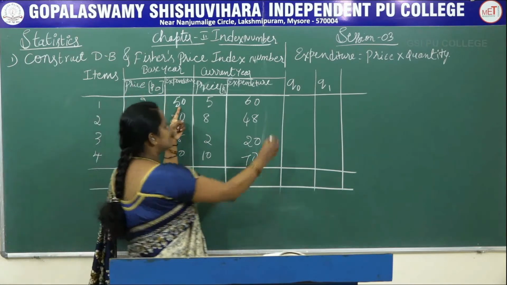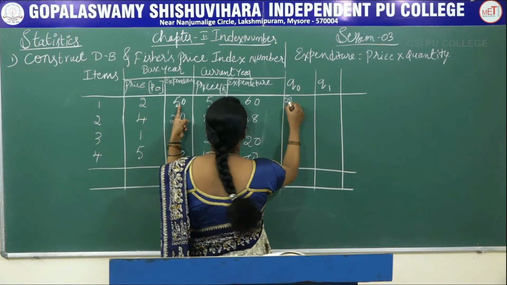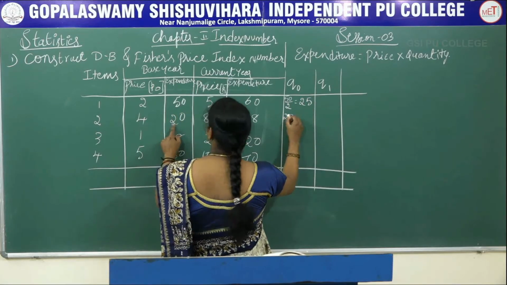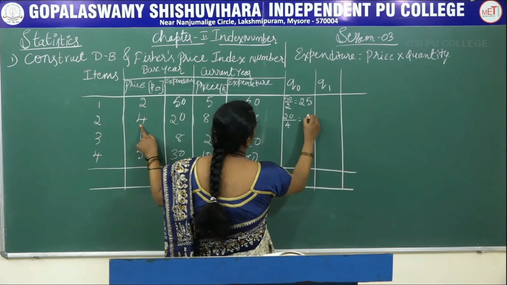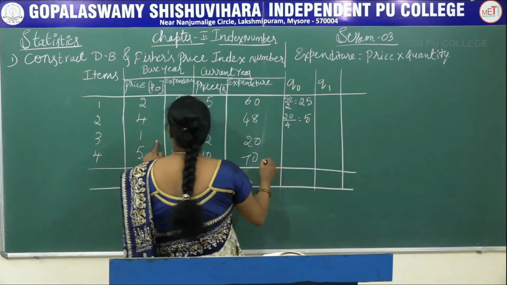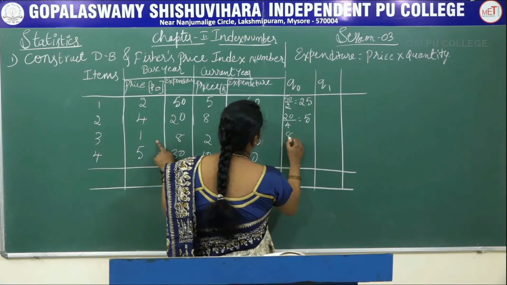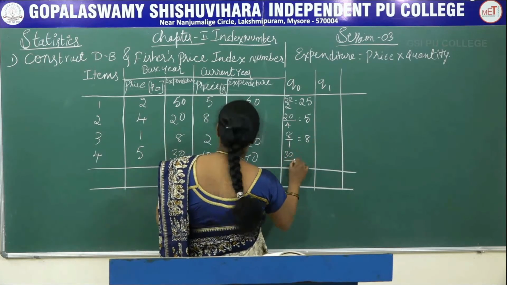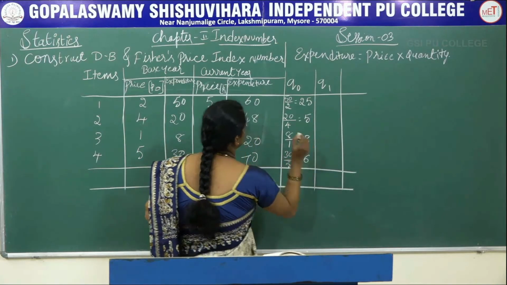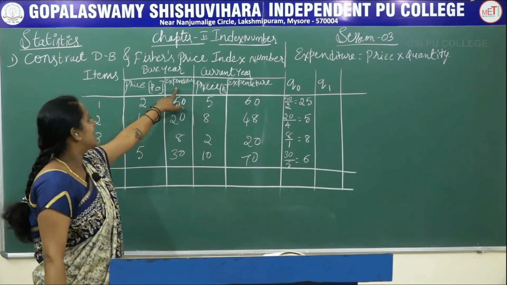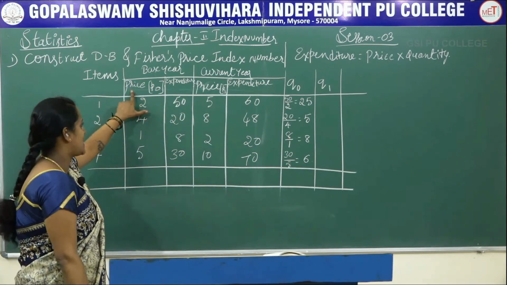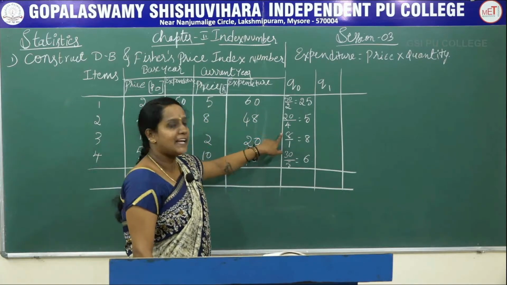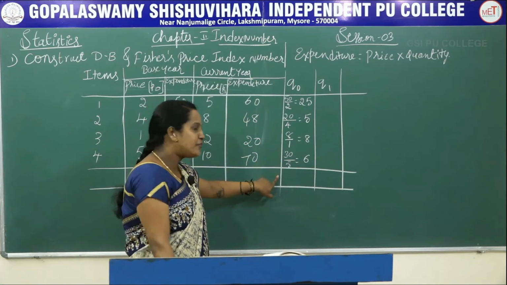So that it is 50 divided by 2, that is 25. 20 divided by 4, it is 5. 8 divided by 1, it is 8. 30 divided by 5, it is 6. It is expenditure divided by price, that is 50 by 2, 20 by 4, 8 by 1 and 30 by 5.